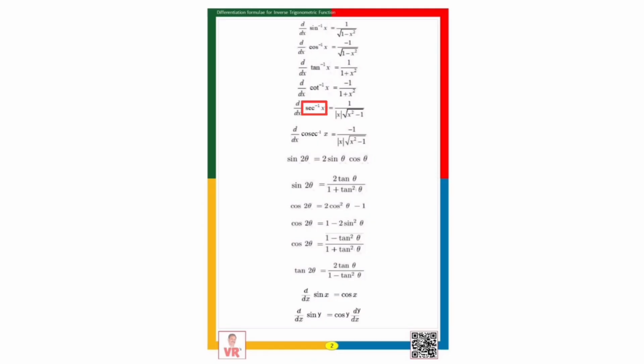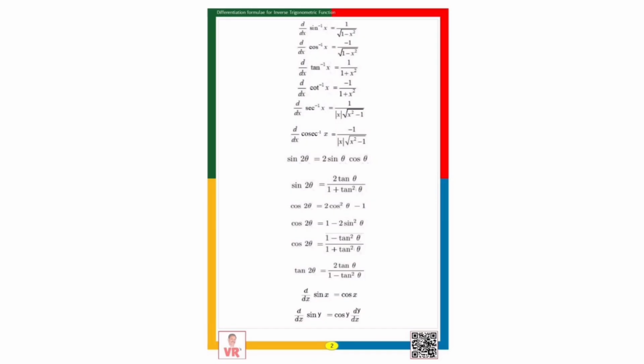Secant inverse x: d/dx of secant inverse x is 1 by modulus of x into root of x square minus 1. d/dx of cosecant inverse x is minus 1 by modulus of x into root of x square minus 1.